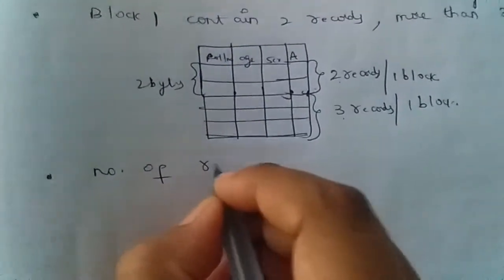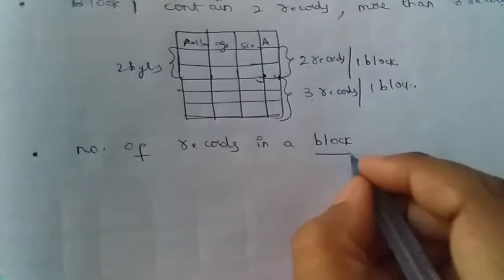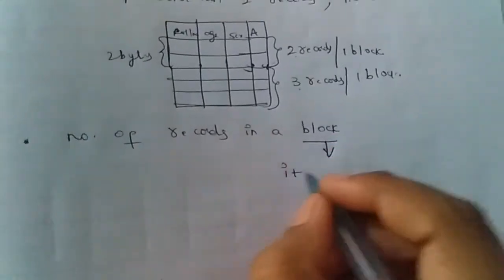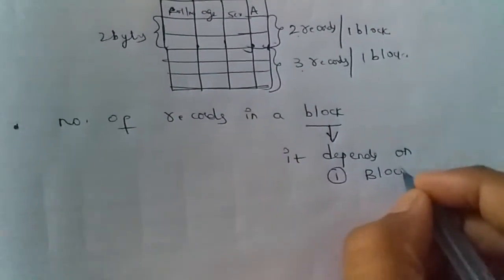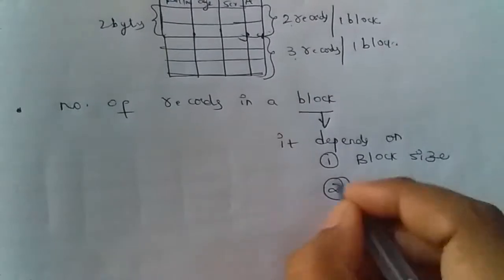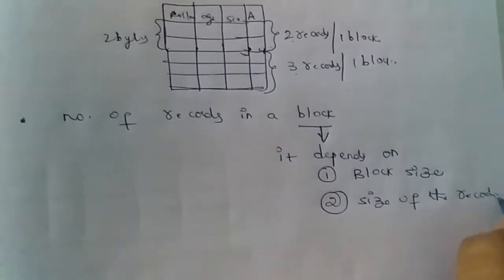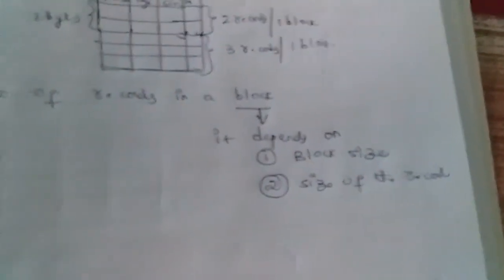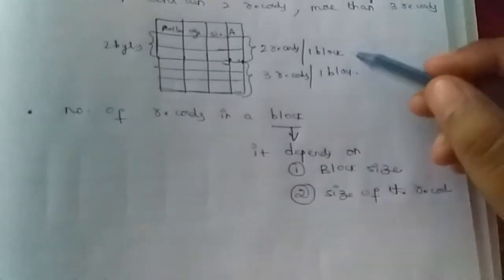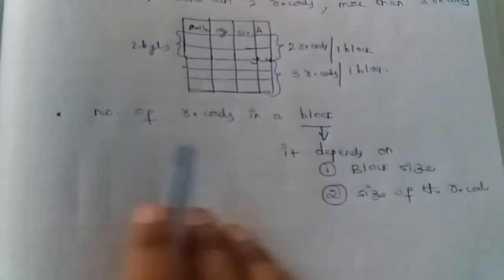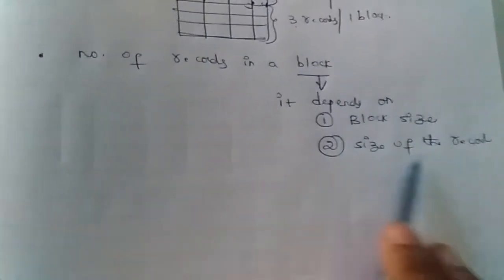The number of records in a block depends on, first, the block size, and second, the size of the record. How many records are contained in one block depends on the block size and the size of the record.